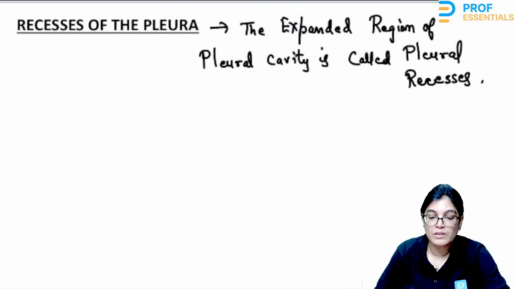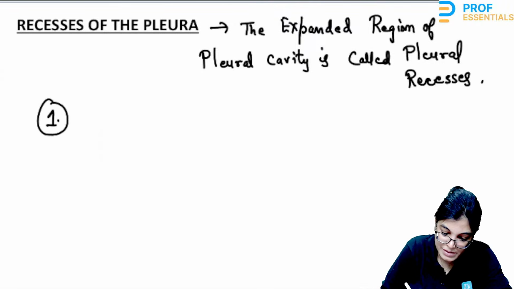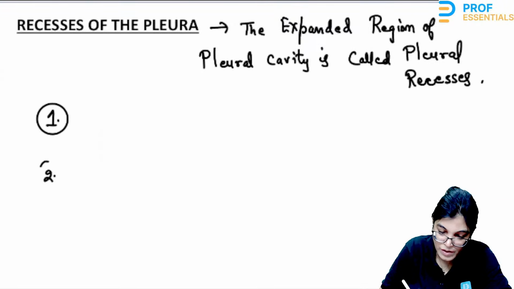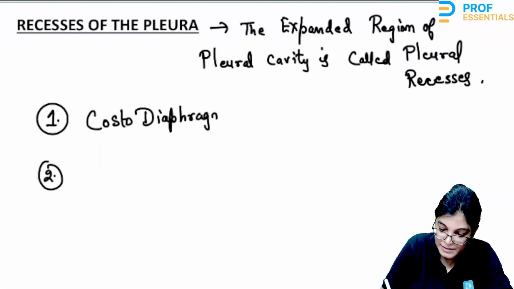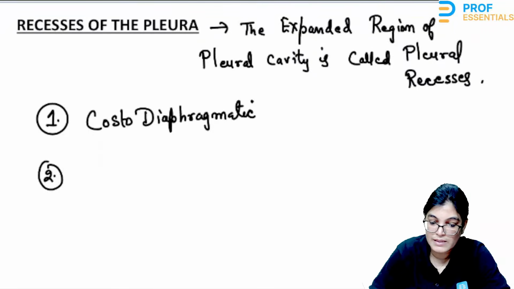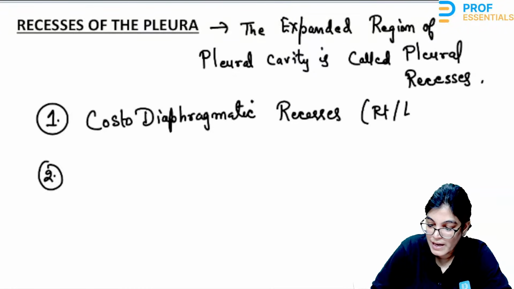Okay. And what are they? We have two pleural recesses. One is the costodiaphragmatic recess, which will be present on both the right and left side.